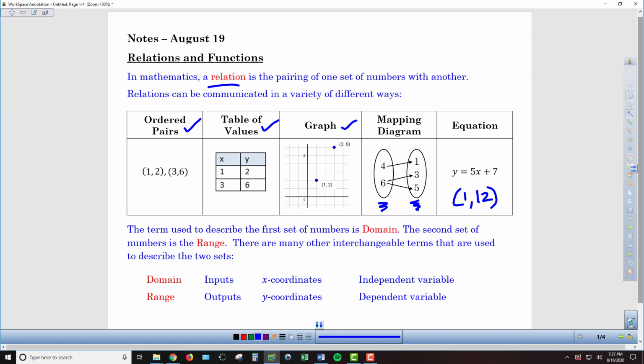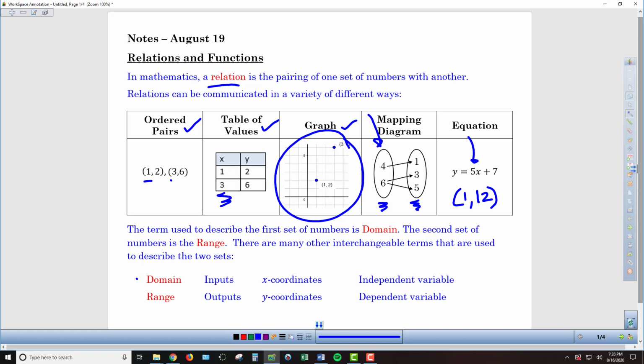So there are lots of ways that we can describe the inputs and the outputs, the first set of numbers and the second set of numbers. The formal description for it, the definition of that first set of values, so the x-coordinates here, or the x-coordinates on the graph, or in this first oval here, or the inputs into our equation, that's the domain.